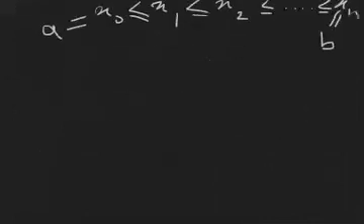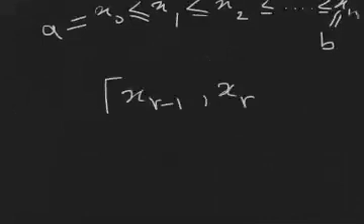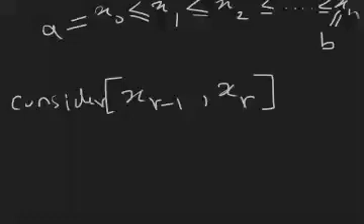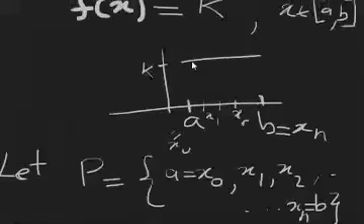So let's consider a general subinterval, x sub r minus 1 comma x sub r. Consider this subinterval. Over this subinterval, this function is a constant function.